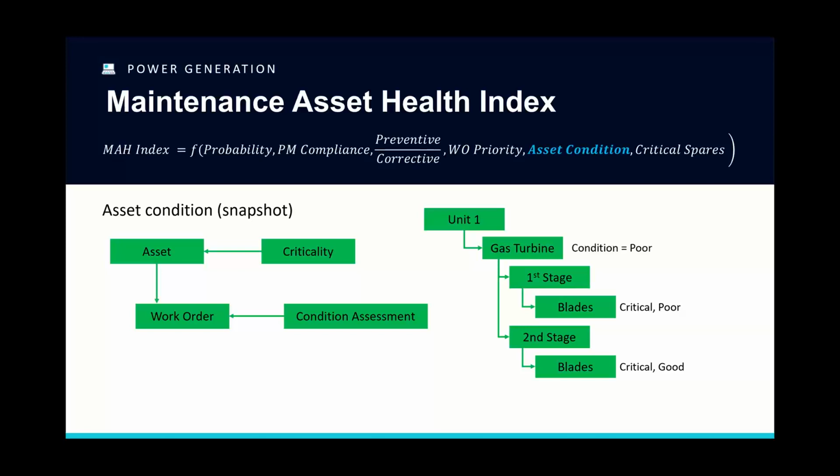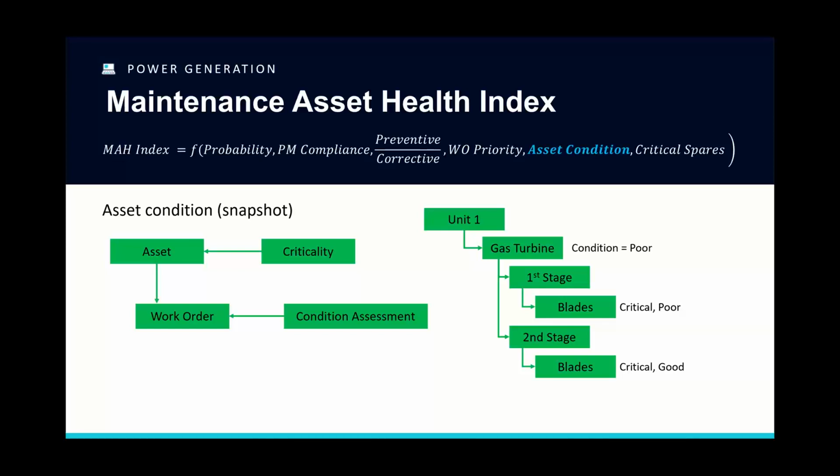So what we do is take the condition of the highest, most critical element, take the worst condition that I identified through my assessment, and roll it up to its parent.